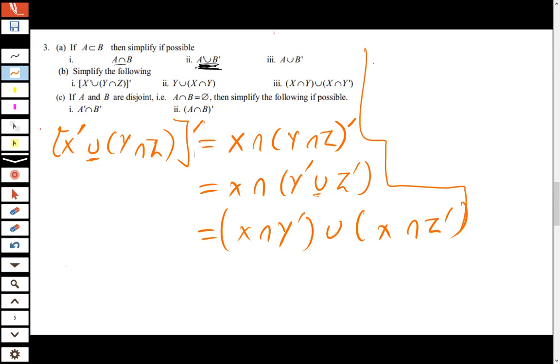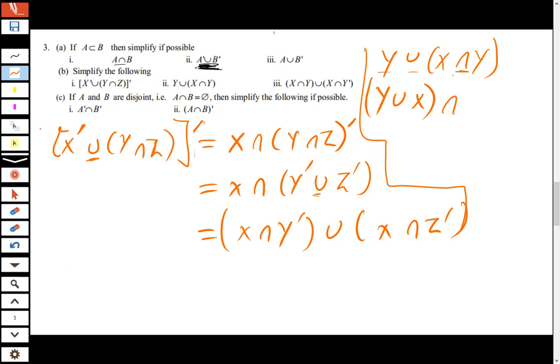So the second one is simply just Y union X intersection Y. So this one you just use the distributive law, you just distribute them. Have Y union X in brackets, and then you write this symbol there.